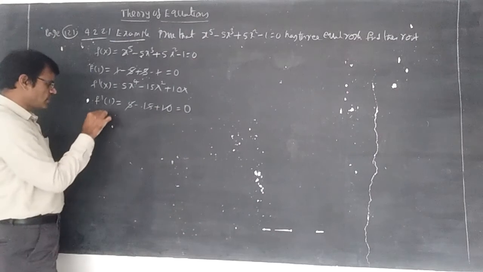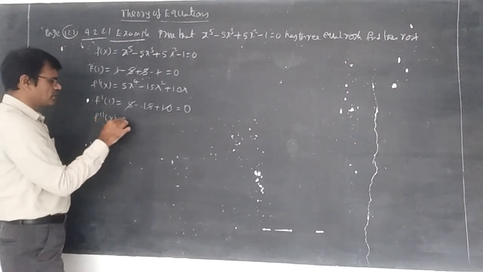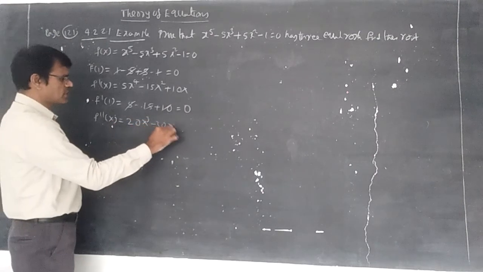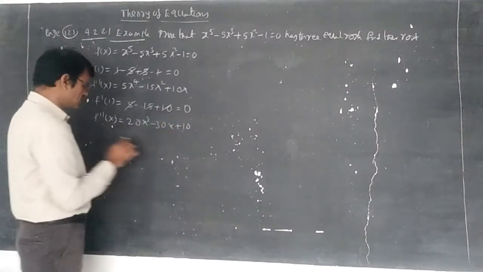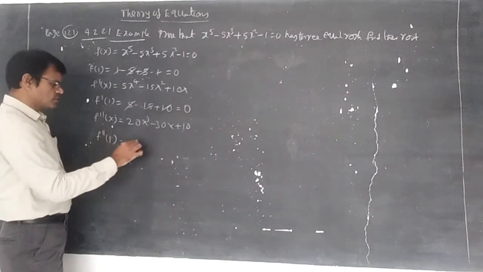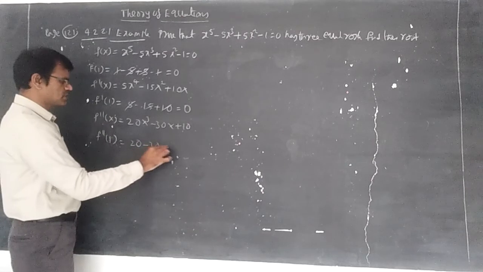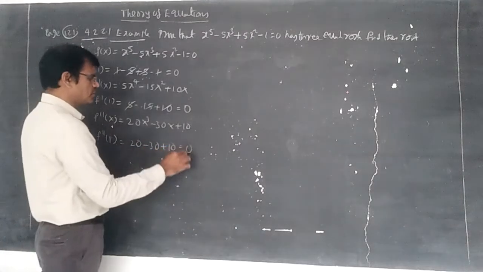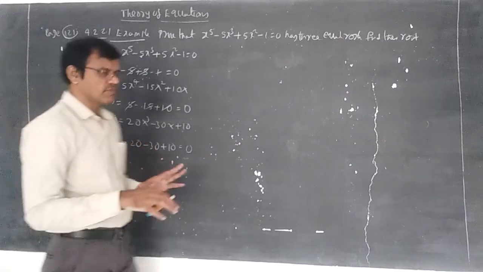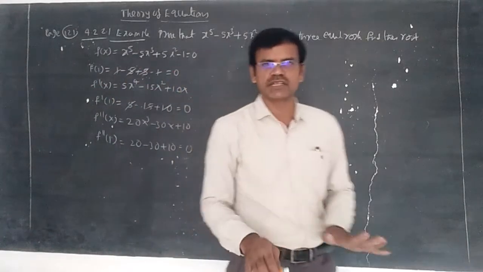Now again f double dash x is 20x cubed minus 30x plus 10. Put f double dash of 1: 20 minus 30 plus 10, it is 0. Again f third dash becomes 60x minus 30, and 1 will not satisfy it. That's why it is enough.